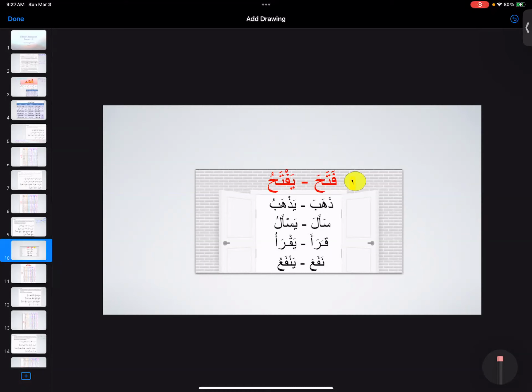And then what would be the translation of mas'ulun? The one who asks? No, that's sa'ilun. Mas'ulun is the thing that is being asked, or the person you are asking to.